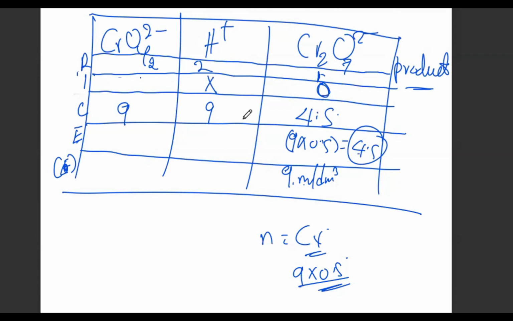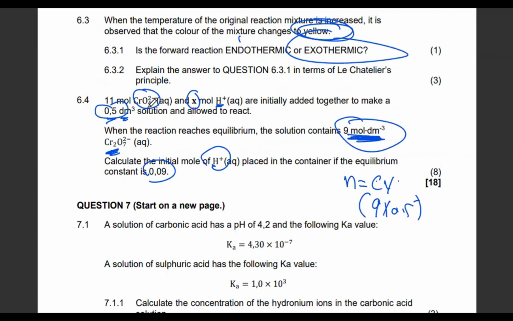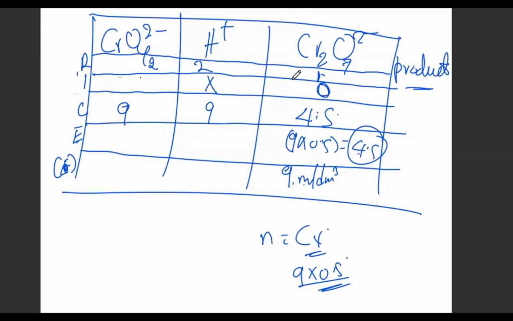Let me check here. They say that 11 moles of chromate. So it means that this is 11 moles. What is the difference? What was left at equilibrium? At equilibrium, here it's going to be 11 minus 9, which gives me 2. Here it is going to be x minus 9, because I don't know the initial moles.